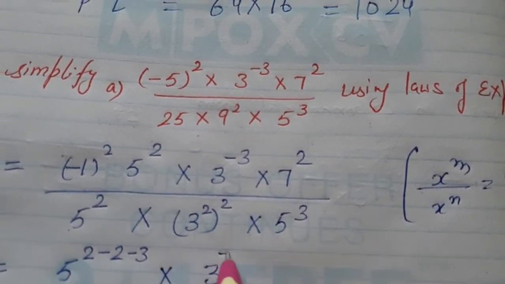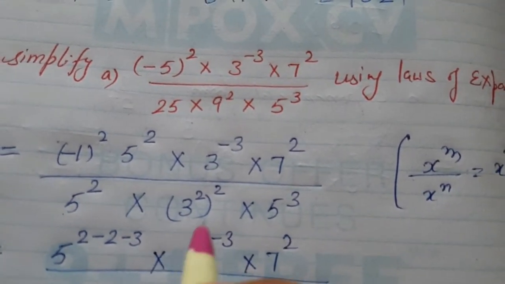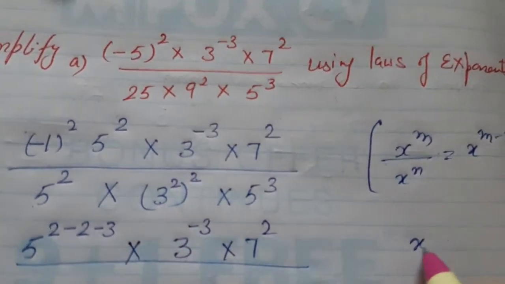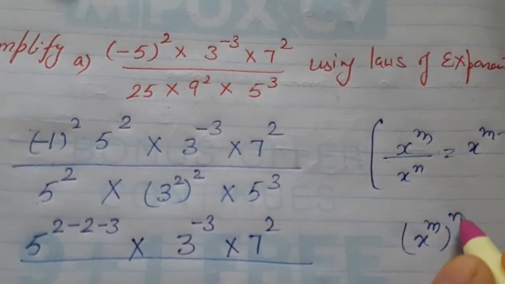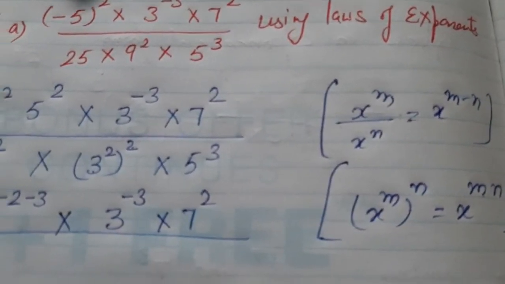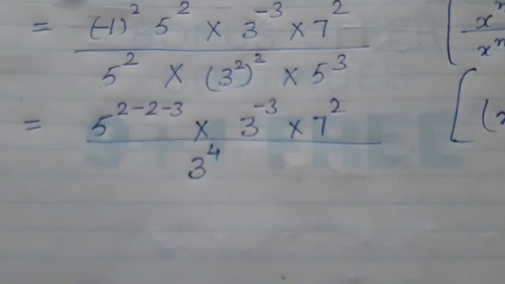Now 3 raised to power minus 3 into 7 square divided by, now 3 square raised to power again. Now we know the law, x raised to power m raised to power n, that can be written as x raised to power m n. So this way it can be written as 3 raised to power 4.